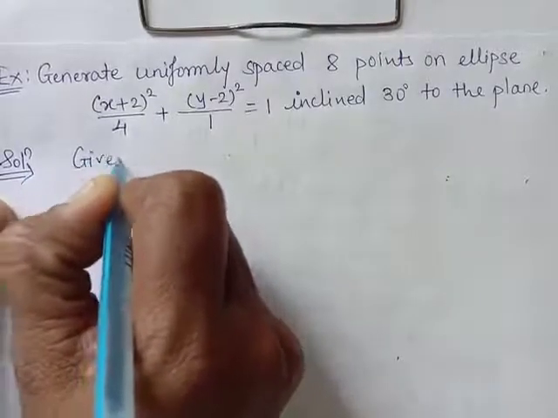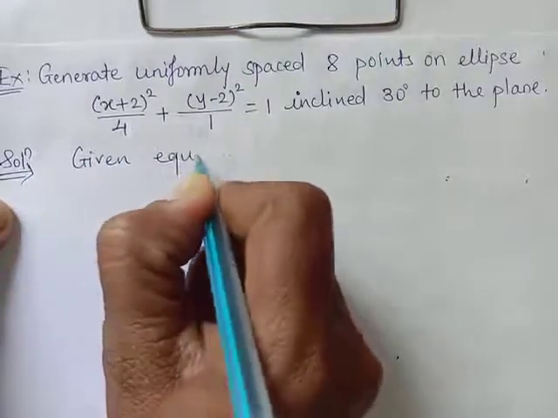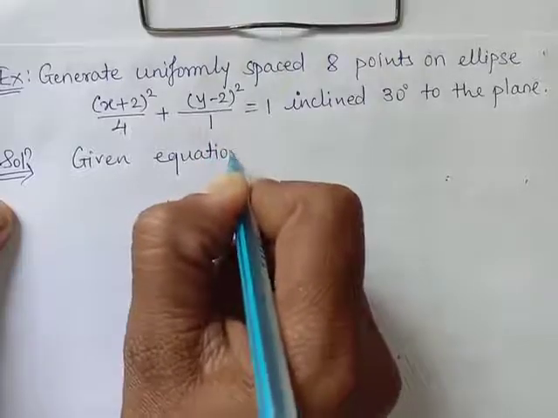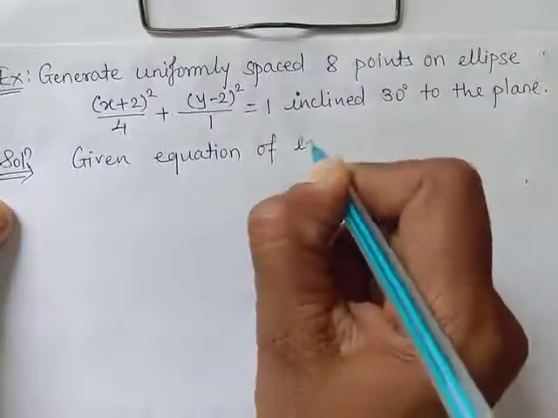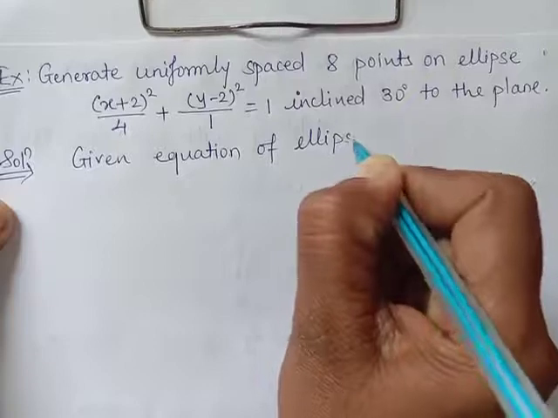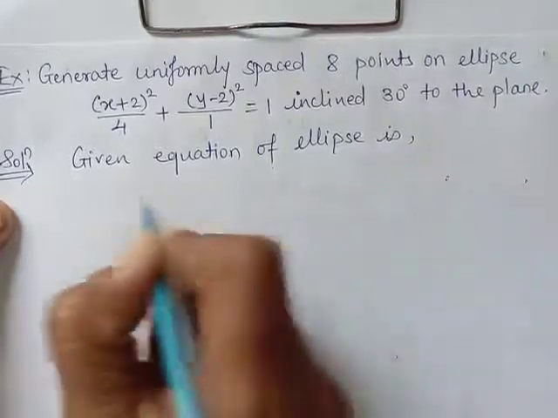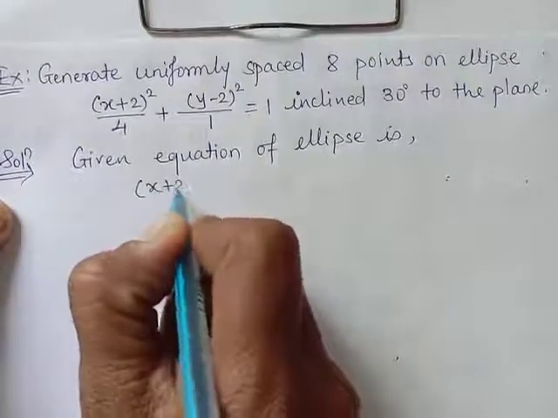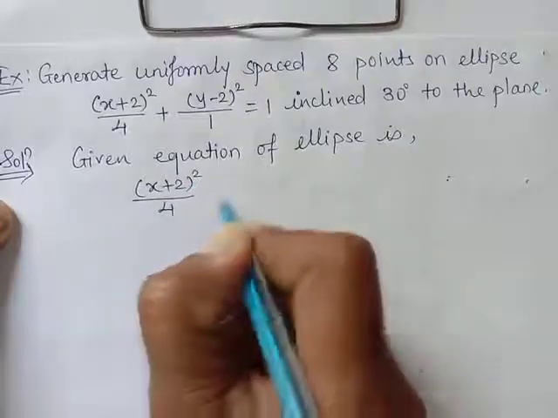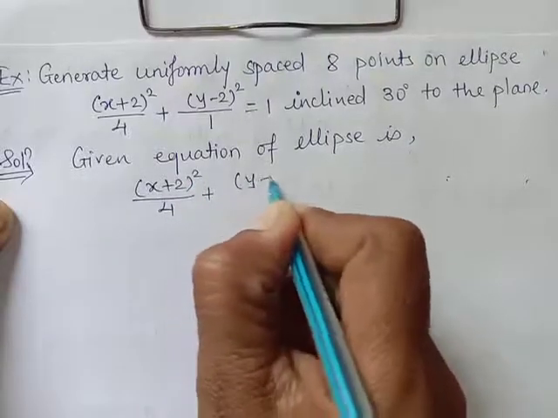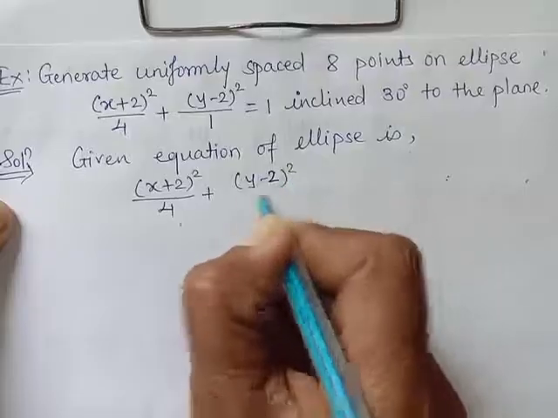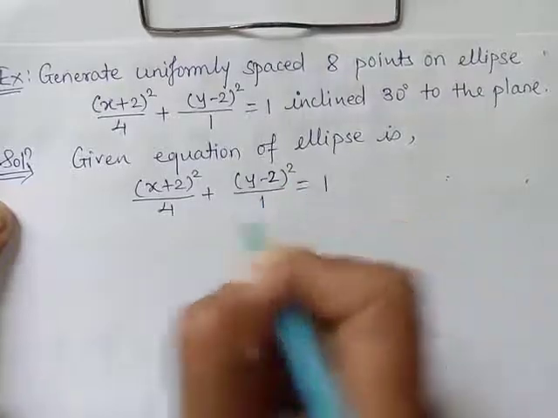Given the equation of the ellipse is (x plus 2) square by 4 plus (y minus 2) square upon 1 equal to 1.